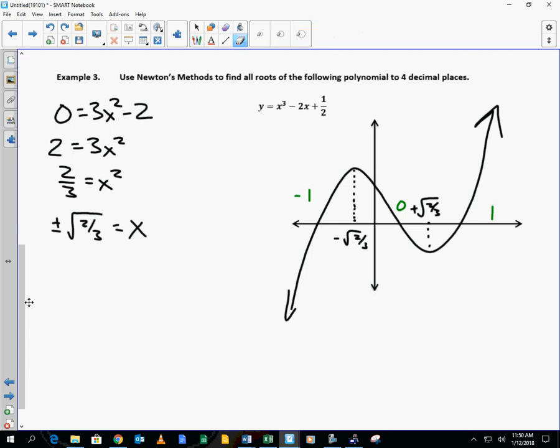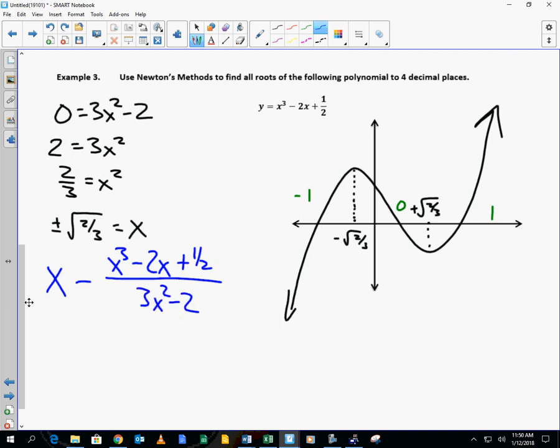So what I'm going to do is make those my guesses. I'm going to find these solutions without using the second calculate option on my calculator. I'm going to use Newton's method. Newton's method says x minus that guy, x cubed minus 2x plus a half divided by what? 3x squared minus 2. Newton's method says do that.